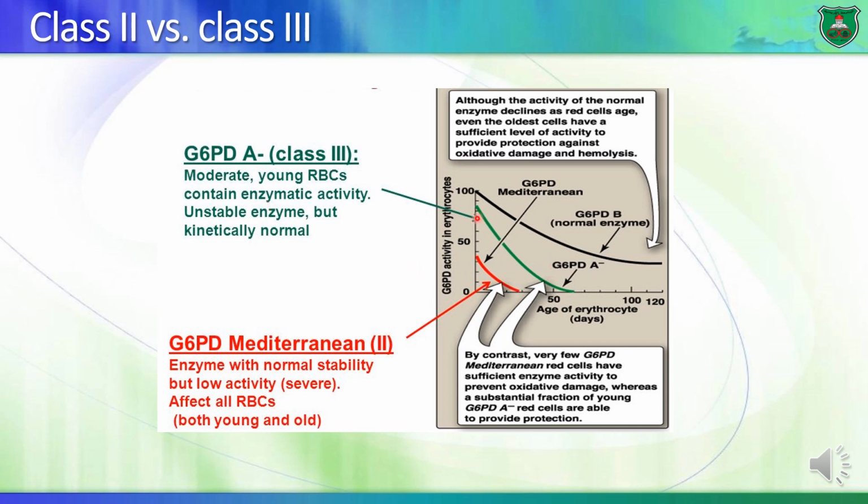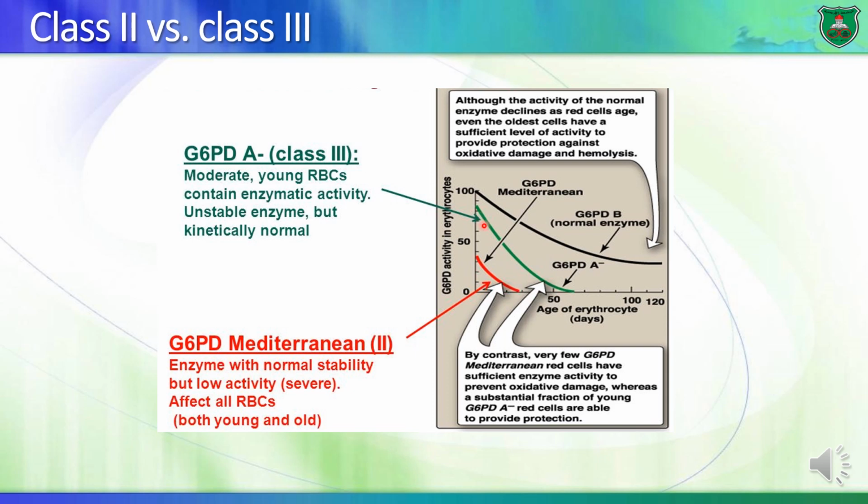So let's look a little more closely at class 2 and class 3 conditions of G6PD deficiency. Now in normal individuals, this is the age of erythrocytes, and as red blood cells age, the activity of G6PD is reduced. Now for the African descent G6PD deficiency, or class 3 or A minus, the enzyme activity is high.